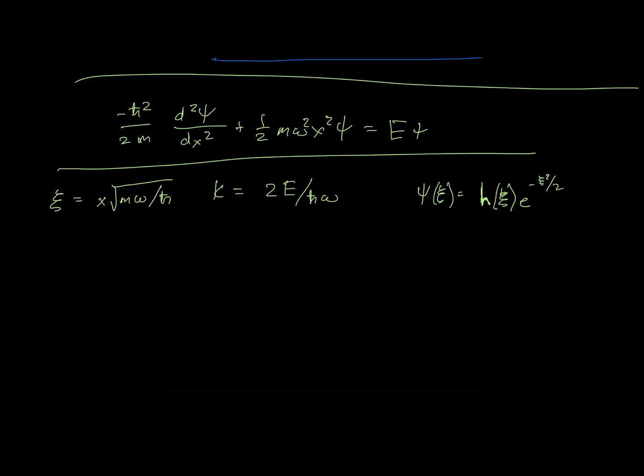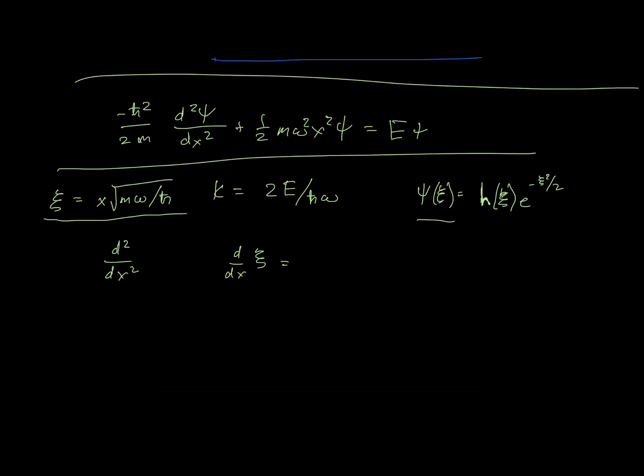So first of all, we have our new psi function, and so we need to find out what the second derivative with respect to x would be. So d dx of our xi is going to be the derivative of this guy.